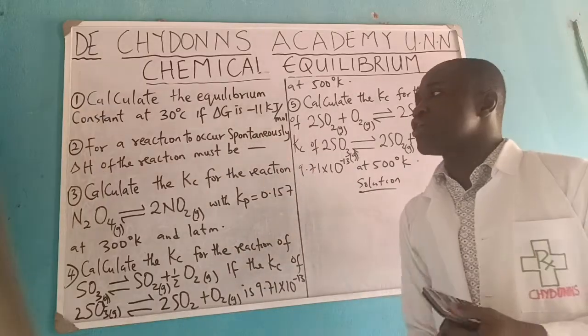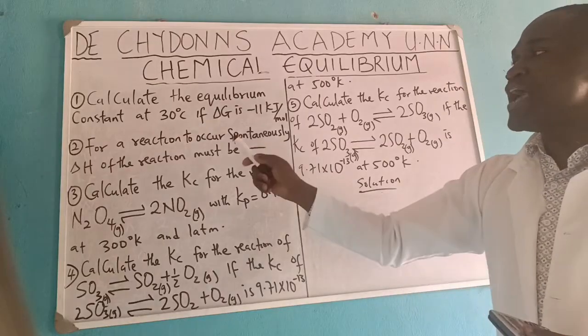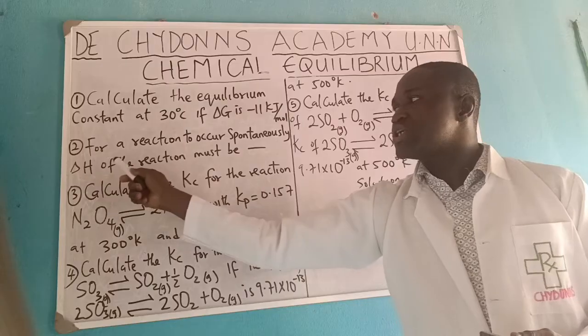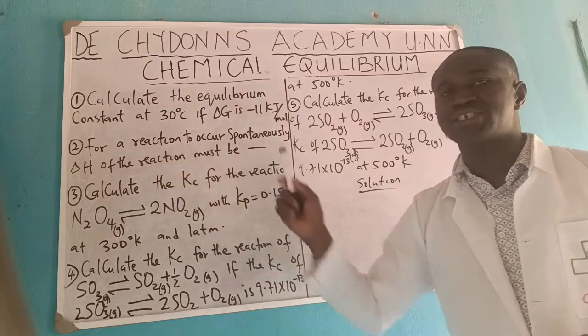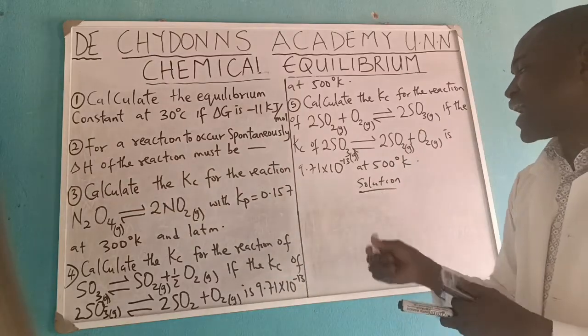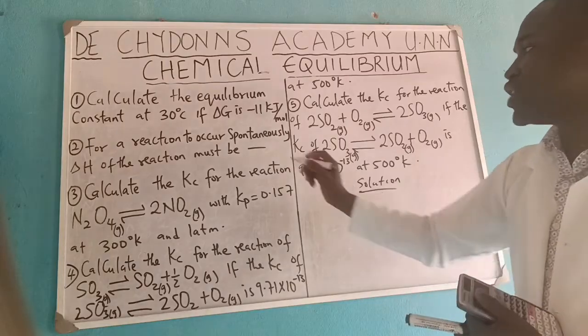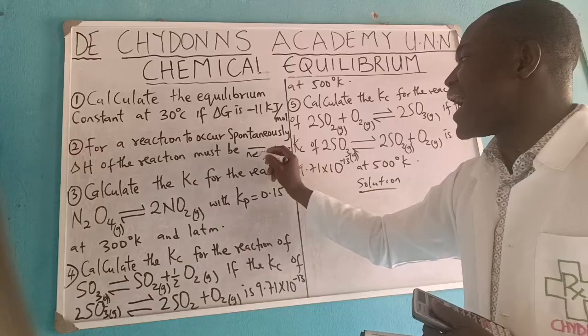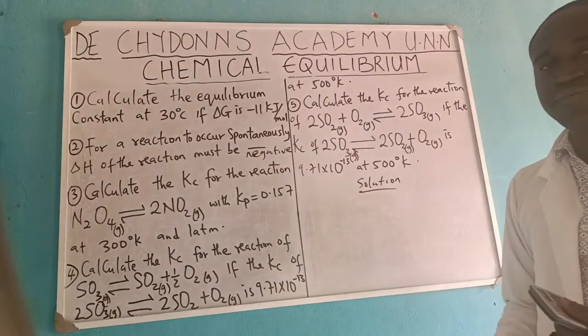To answer question number 2, for a reaction to occur spontaneously, delta H of the reaction must be dash. The answer is negative. It must be negative. Why did I answer negative?